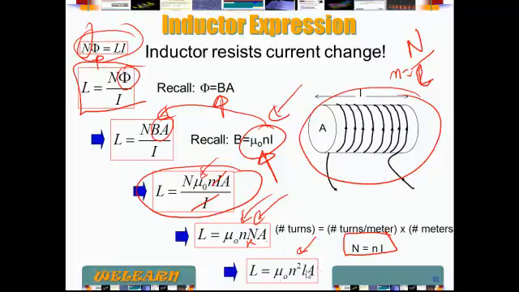And again, if I have a core, I need to multiply this by kappa. So that's the expression for the inductance due to an inductor that has the shape of a solenoid.